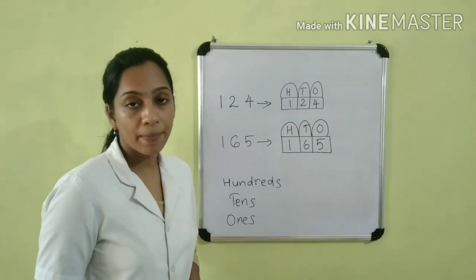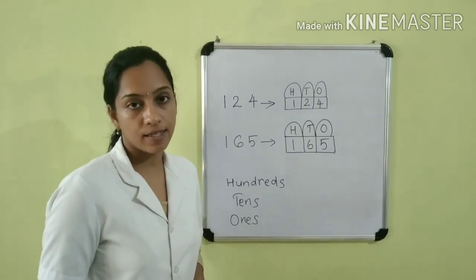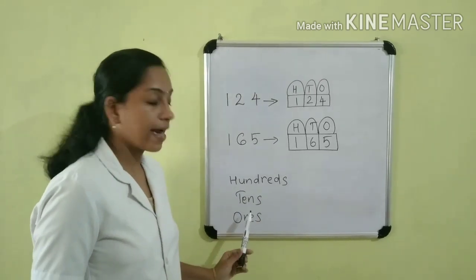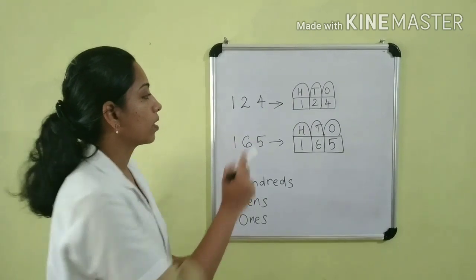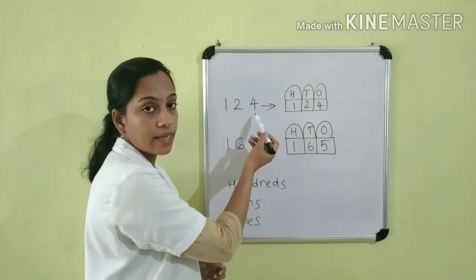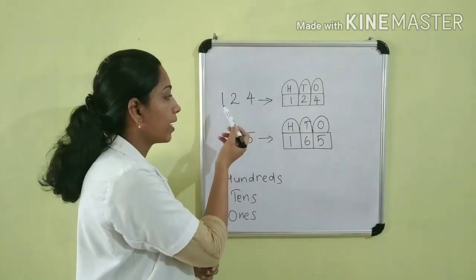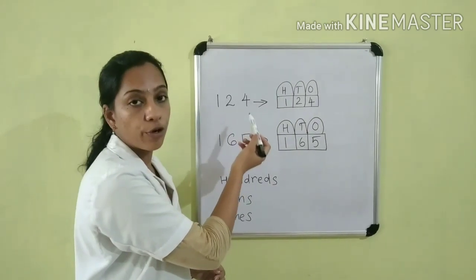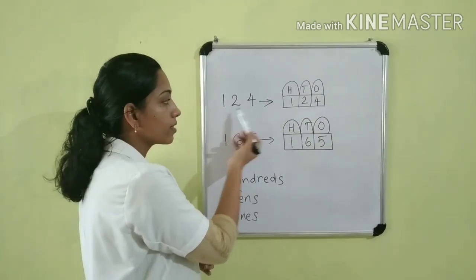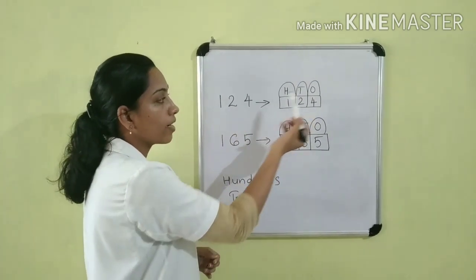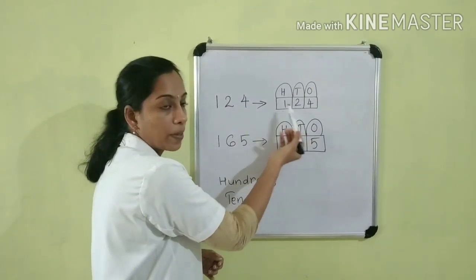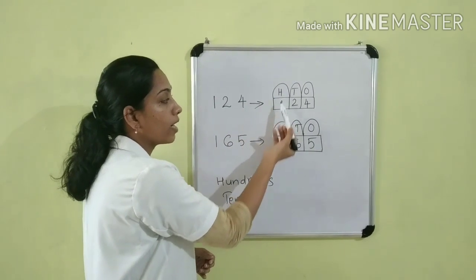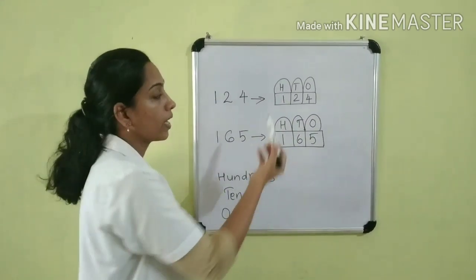Children, we know a three-digit number contains three places: hundreds, tens, and ones. Let's see one example. Can you see this number? How do you read this? It's 124. In this number, 4 comes under ones place, 2 comes under tens place, 1 comes under hundreds place.